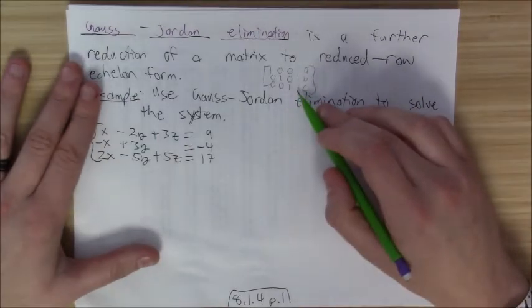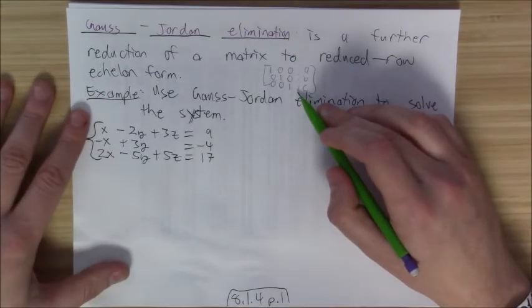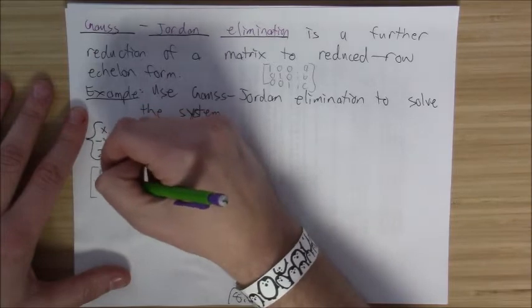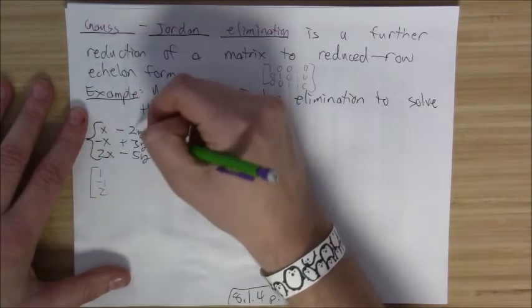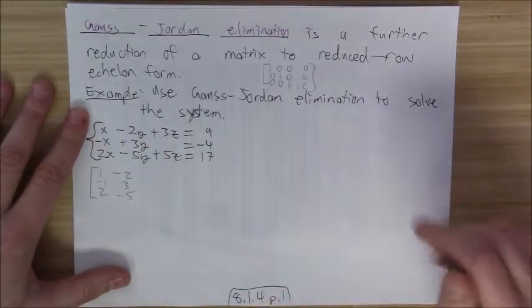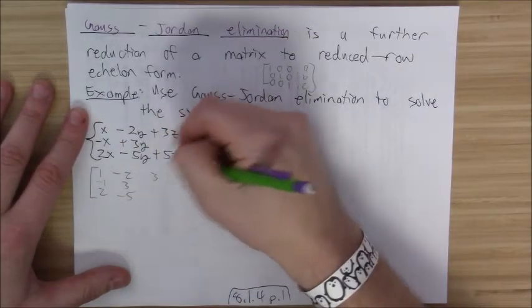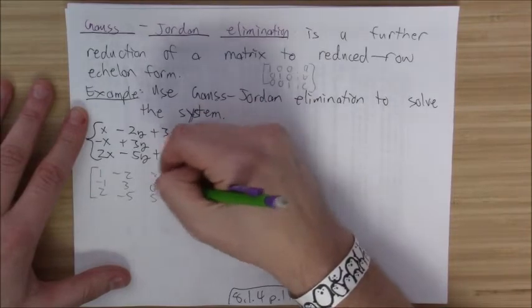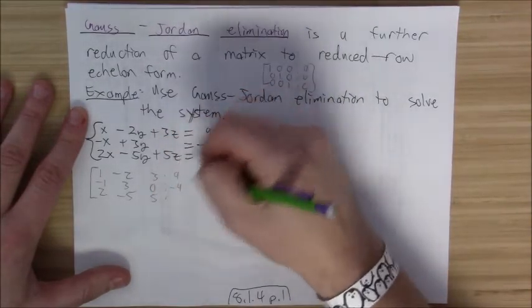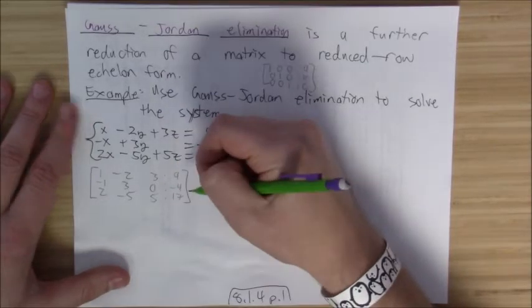That being said, here, what do we get to start out with? Well, we have 1, negative 1, 2, negative 2, 3, negative 5, 3, 0, 5, and then 9, negative 4, and 17.